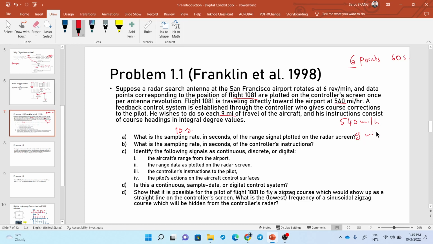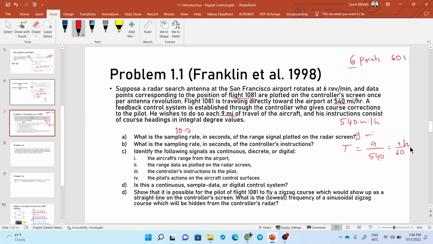So you can calculate the duration every 9 miles, right? The duration every 9 miles is equal to 9 over 540, which equals 1 over 60.